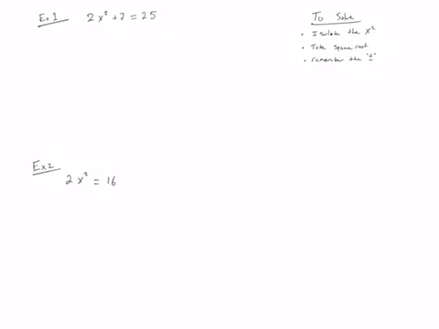To solve them, the first thing you want to do is isolate that x squared. So I'm going to subtract 7 from both sides. I said 7 and wrote a 5. So on the left, I'm going to have 2x squared is equal to 18. And again, I'm trying to get that x squared by itself, so I'm going to divide by 2 because those are multiplying.